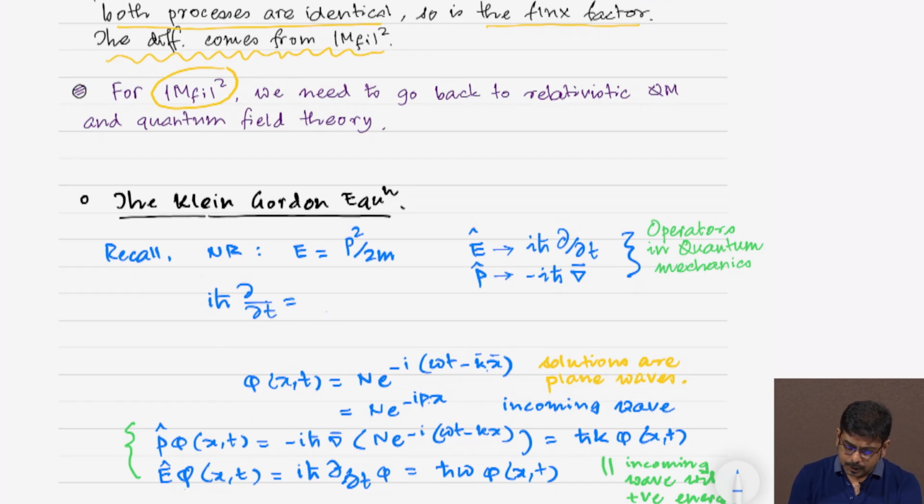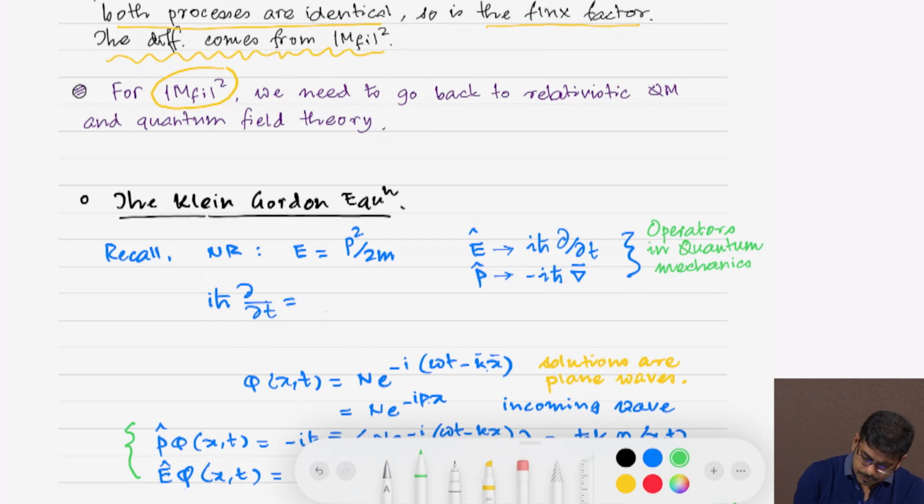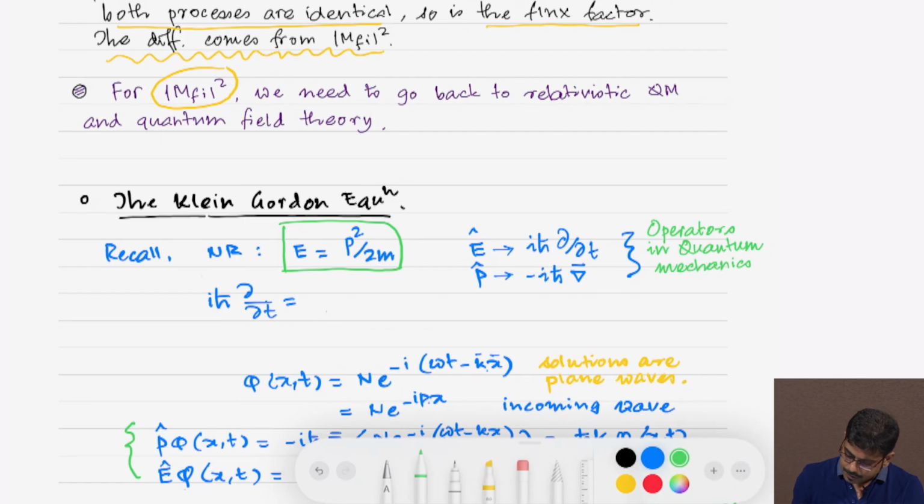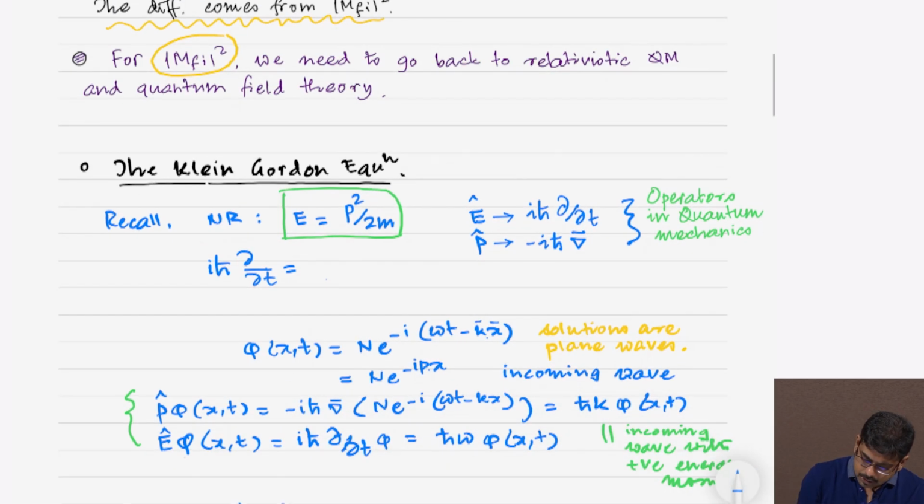So if we now convert this equation E = p²/2m quantum mechanically using these operators, we can simply say that iħ ∂φ/∂t, where φ is the wave function on which these operators are acting, equals minus ħ²/2m ∇²φ, correct.